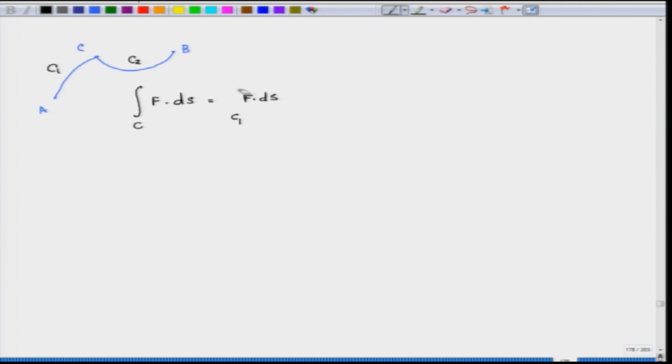I am not writing the vector sign, it is just a function in the integral, but it is actually a vector valued function, plus the integral over C2. So, these are some things you can understand, your intuition is absolutely fine, young people, to understand this.